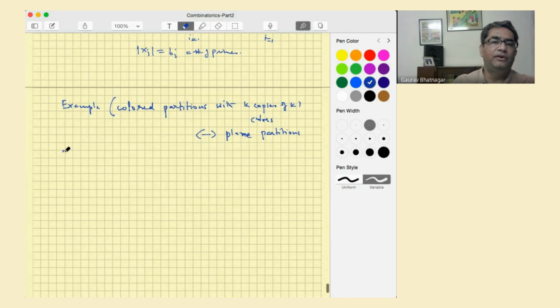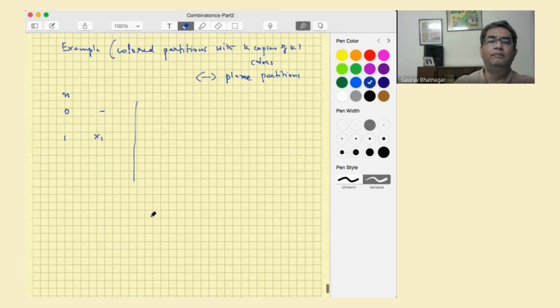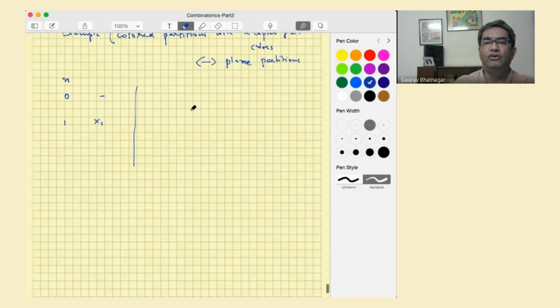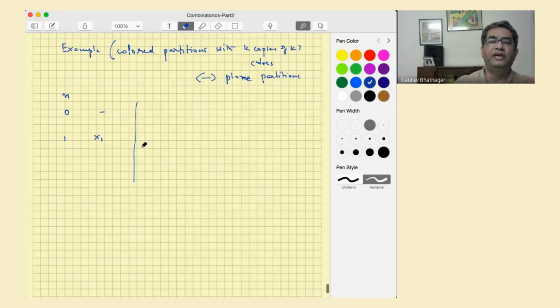So for n equal to 0, again, there's an empty partition. For n equal to 1, we have x1. So there's one color of 1, since k copies of k. So only one color. So I'm just writing it as 1, 1. So 2 will have 2x1 and x2.